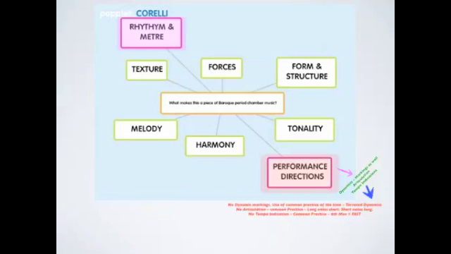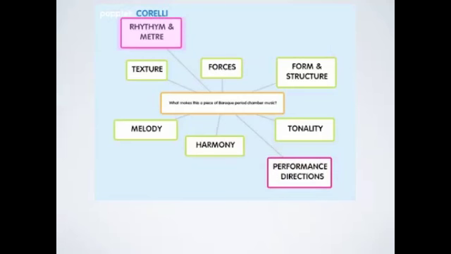Okay, so performance directions, definitely the way it's set up with no real performance directions, just relying on common practice, and you should note that that common practice is basically a stylistic feature of Baroque period chamber music, which the Corelli is. All right, so we've now completed all of our musical elements, figuring out what the stylistic features of each one were.